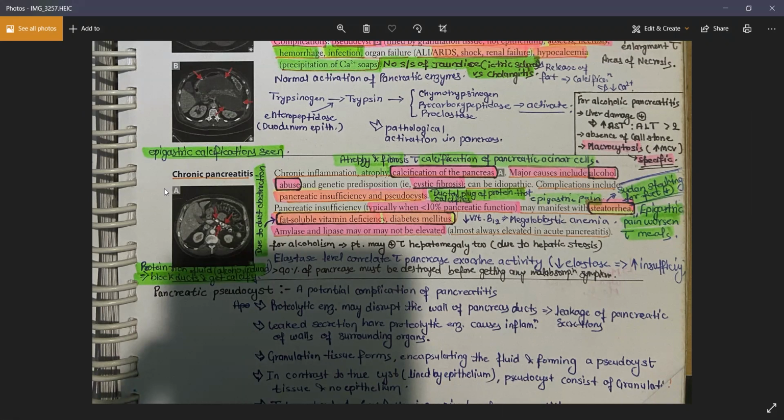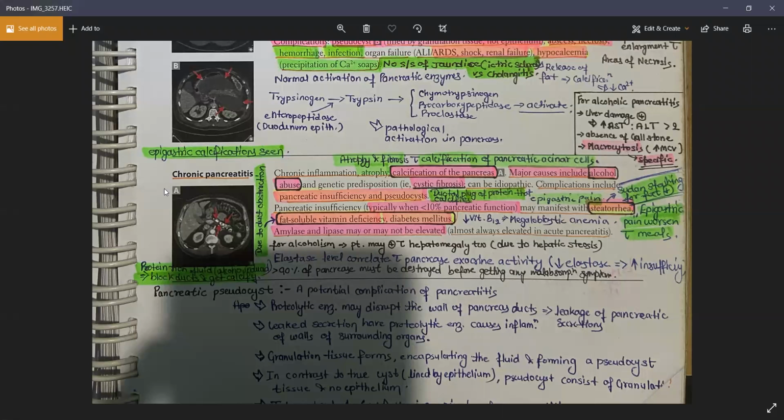Could you please explain the association between alcohol abuse and chronic pancreatitis once again? In case of alcohol abuse, you will have a very protein-rich secretion from the pancreas, right? As a result, these secretions can block the duct, just like in cystic fibrosis. You need to have more liquid in the pancreatic secretions.